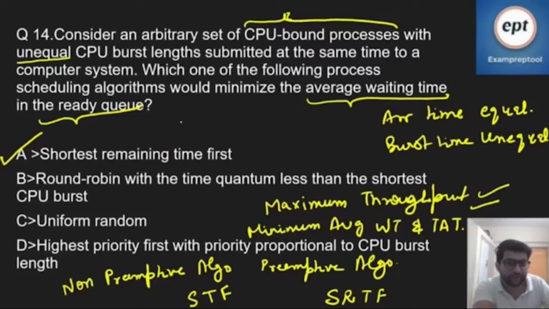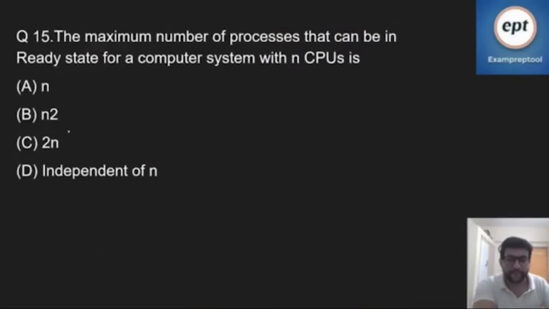So we have to save some time in the GATE exam by solving these types of problems in as little time as possible, right? I know I'm repeating this again and again, but this is very important. That is one of the things that helped me to improve my score. So moving on to the next question, question number 15.